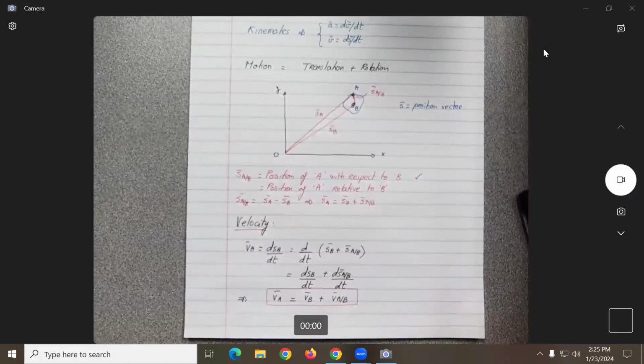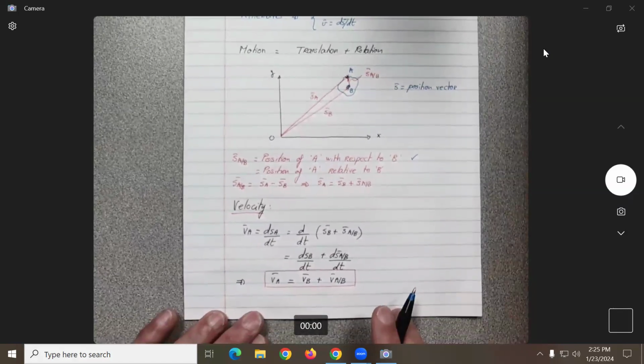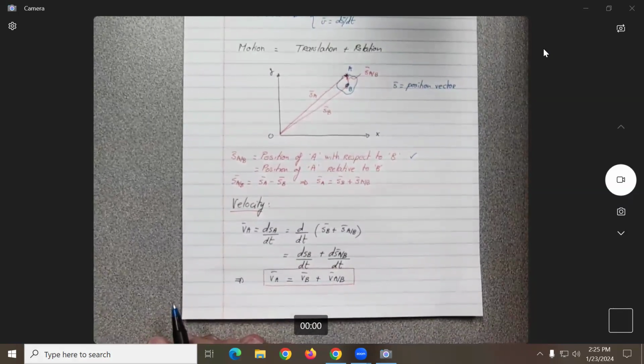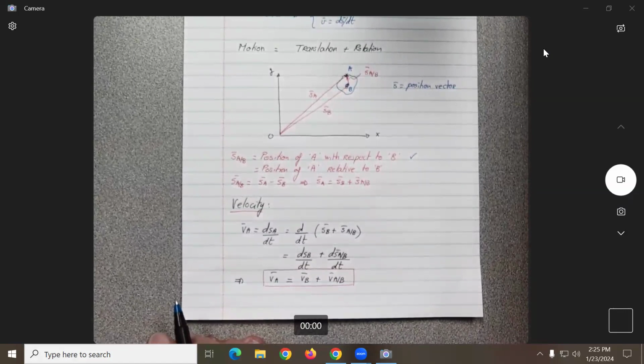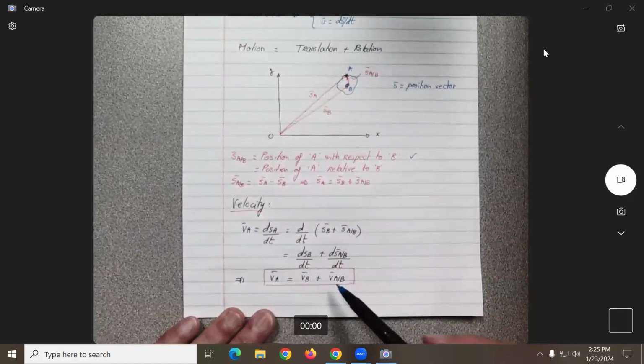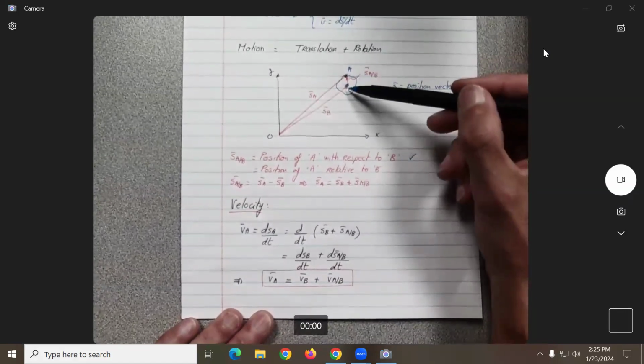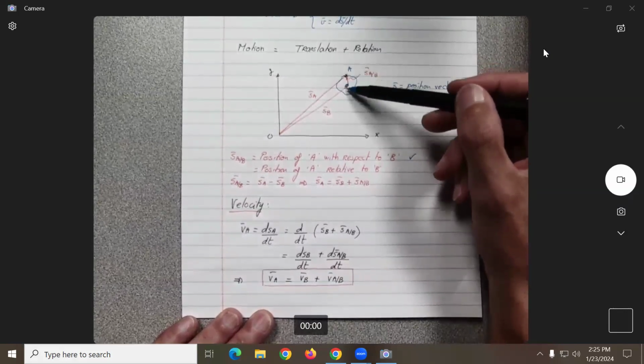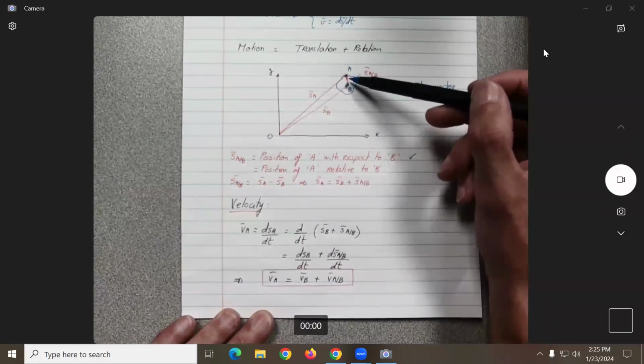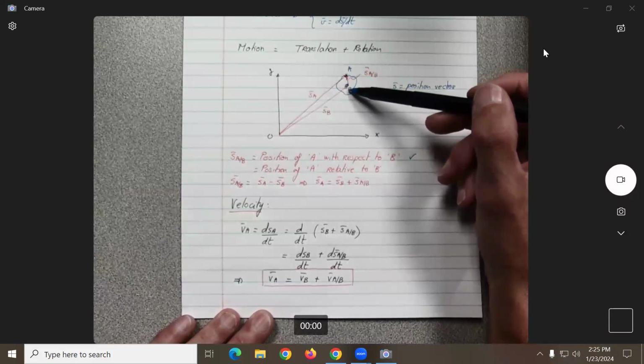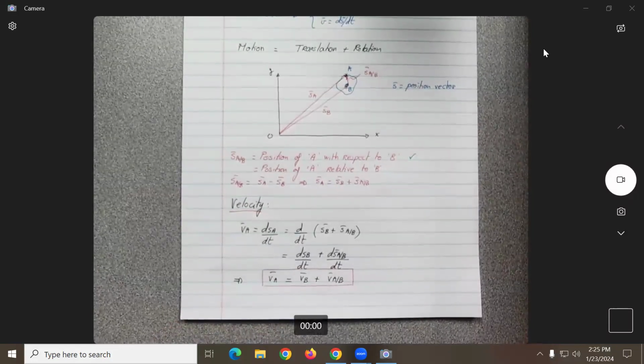Okay, now we just discussed that we should have two components, one defining the translation, another one defining the rotation. So let's start with the second one. These two objects are, if you want, not the same object, no? So what type of motion can A have with respect to B? Rotational. Just rotation, because if this is A and this is B, they will all be moving with the same translation, no?